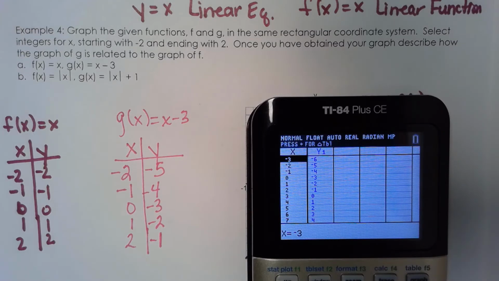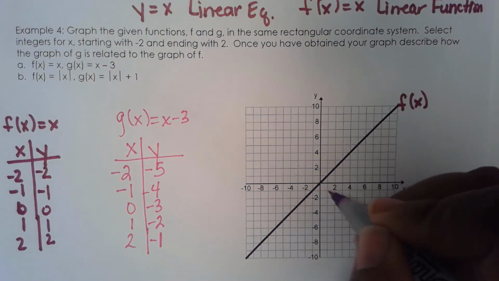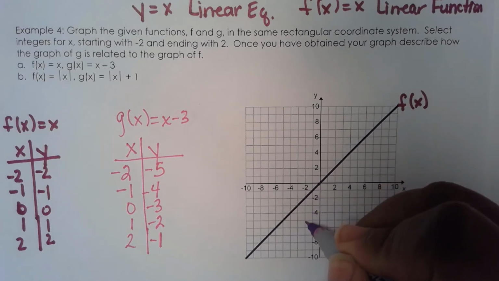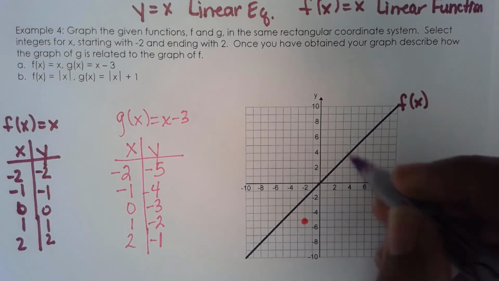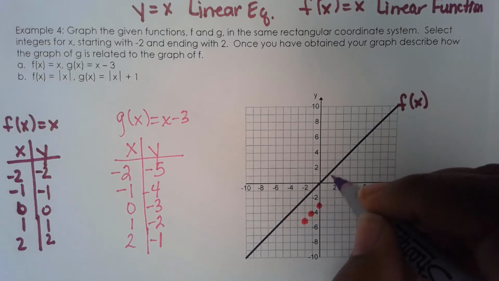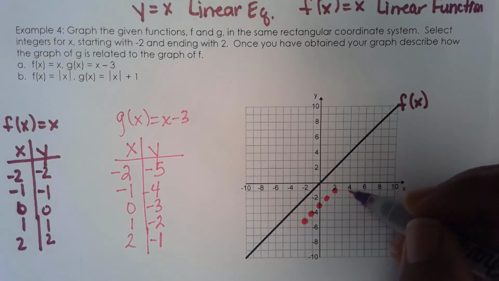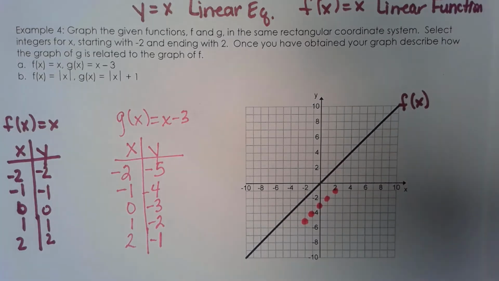Okay, so let's plot those points there. -2, -5, -1, -4, 0, -3, 1, -2, 2, -1, and then connect.